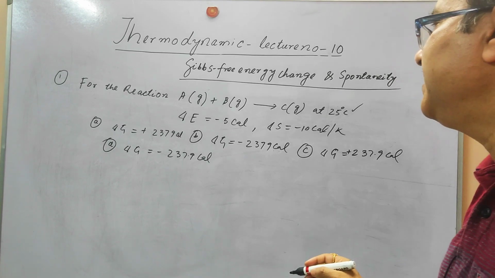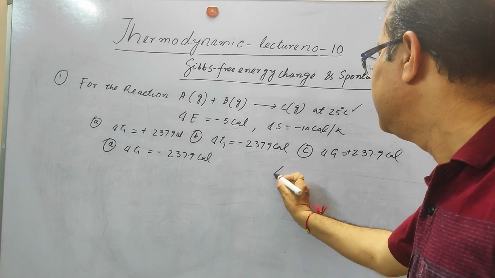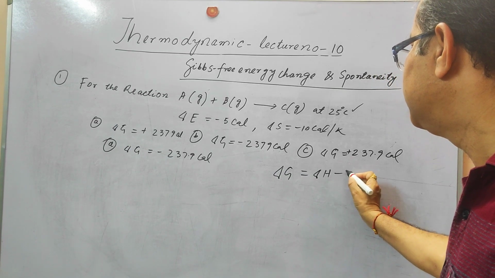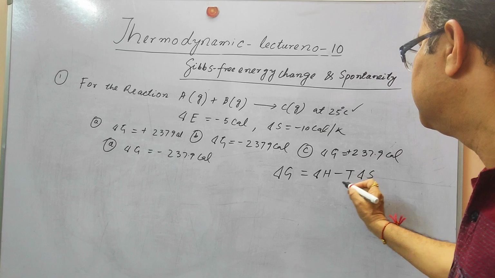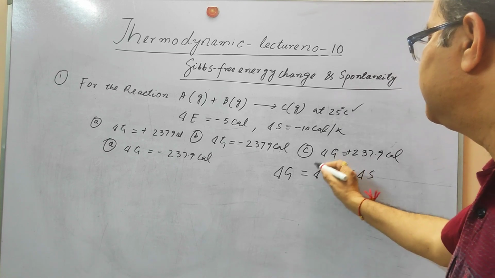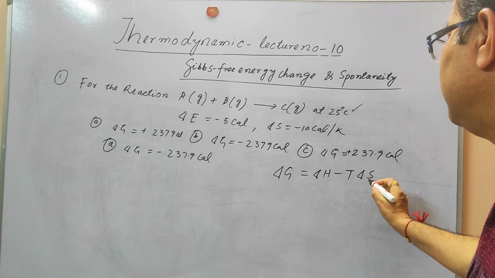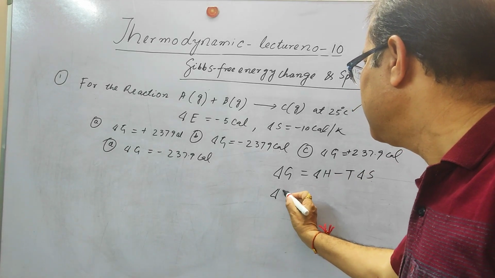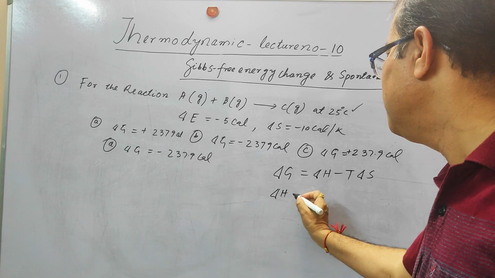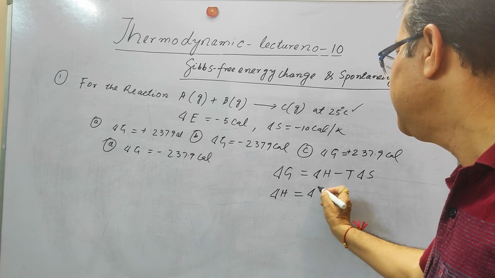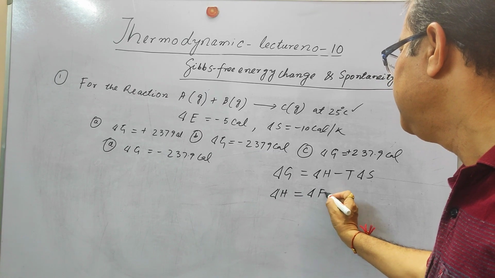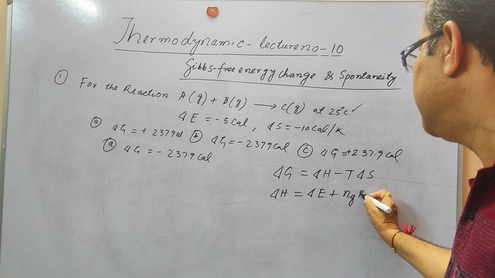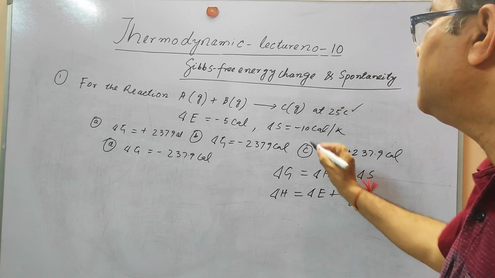We know delta G is equal to delta H minus T into delta S. You do not know the enthalpy change delta H, but you know this and you know this. Delta H can be calculated from this equation: delta H is delta E, the internal energy change, plus delta Ng into RT. Delta Ng is the change in the moles.